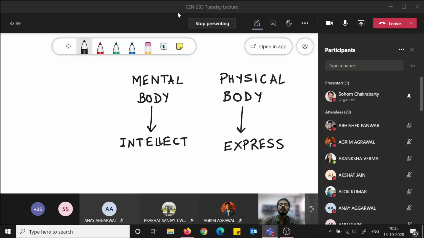This mental activity is driving the physical activity. I hope this is quite clear to you now. This mental activity is only responsible for driving the physical activity. The expressions are given after you have done a thought about it.